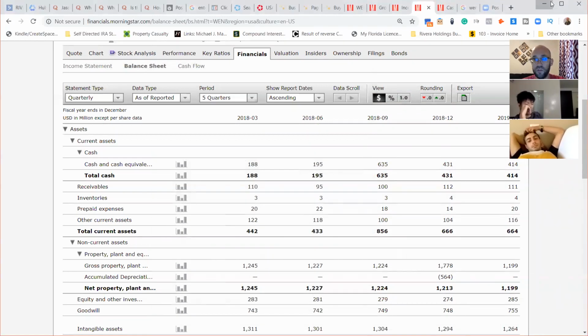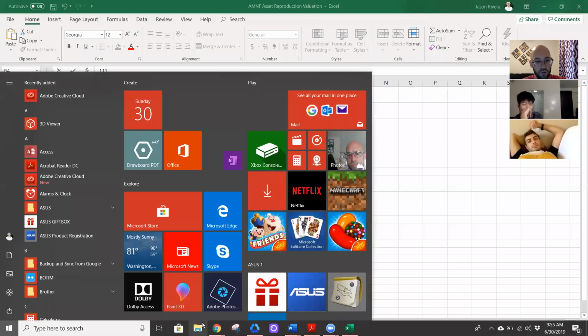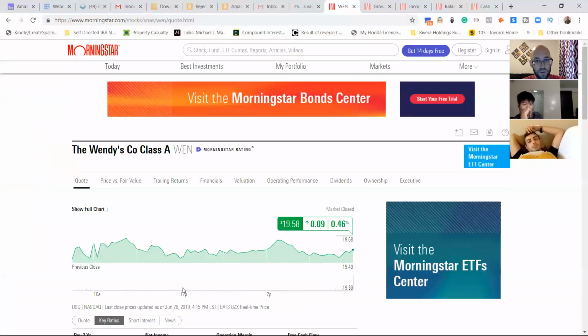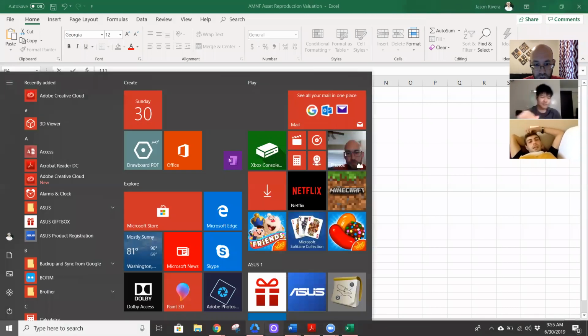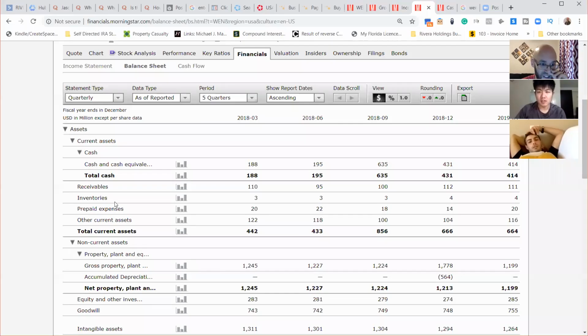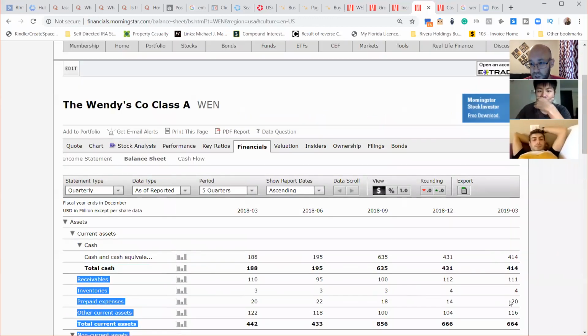Receivables 111. Do you want me to read off these numbers to you? It'd probably go quicker. Yeah, just go straight down here and say the number that's all the way over here to the right.